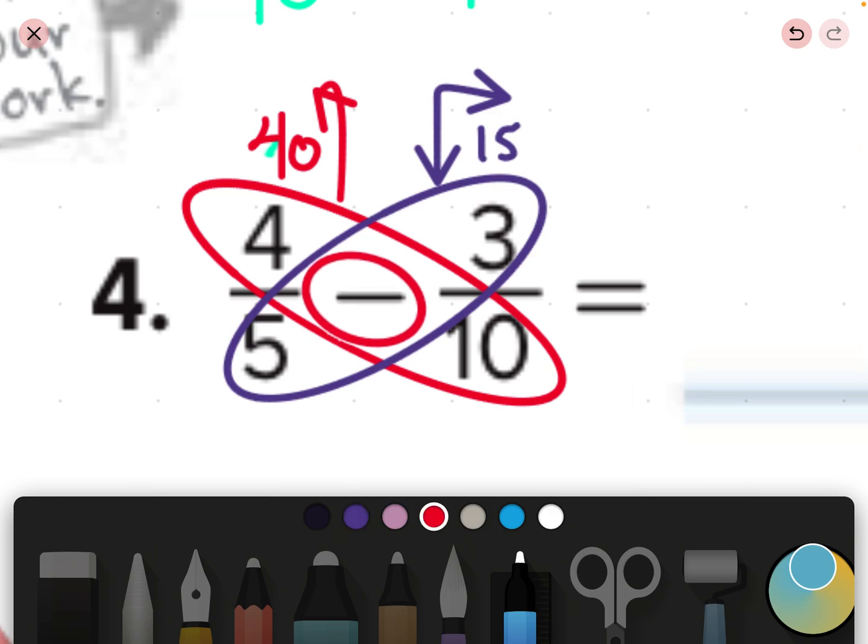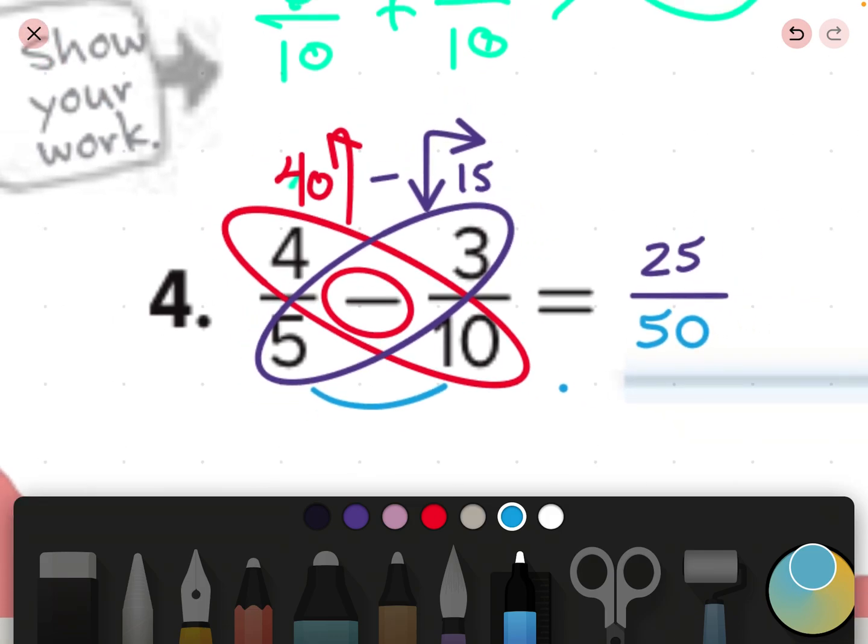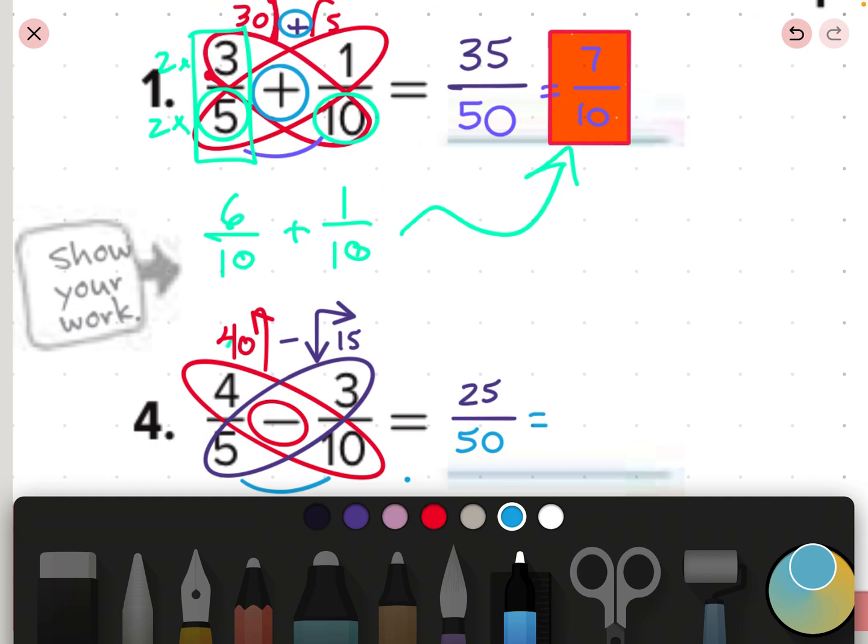Okay, this case is a subtraction problem, so I'm going to subtract my antenna there. 40 minus 15 is 25. Multiply my denominators. 5 times 10 is 50. And look at that, you got 25 50ths, which we should all know reduces down to 1/2.